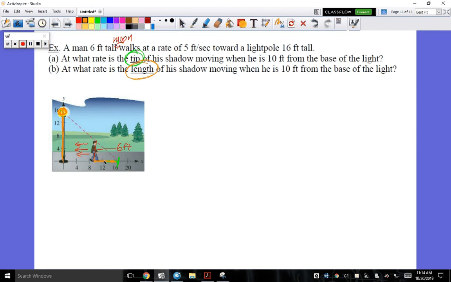Think of the tip of the shadow like one point that is moving. But think of the length of the shadow as a line that is getting smaller. Can you tell me why this line is getting smaller? Because I'm going to the light, and the light is going to emit a smaller shadow.